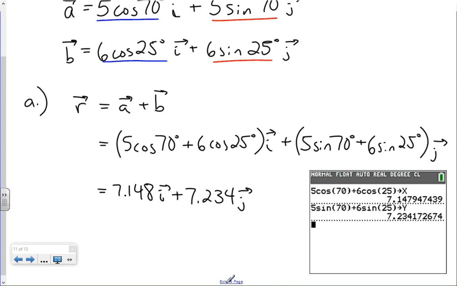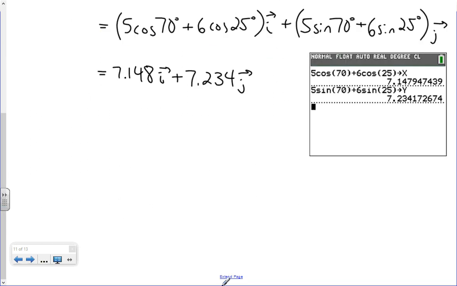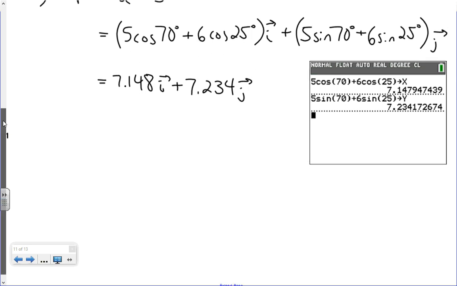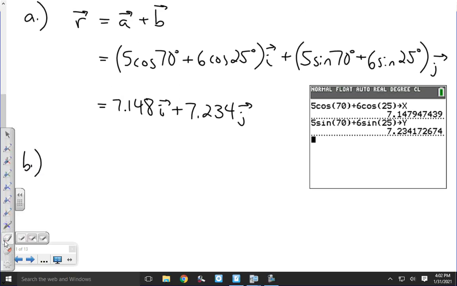Now for part B, they want us to find the magnitude and direction of this vector. Well, that was the second part of that previous slide where we defined these component forms. Once I have this vector here, I can find its magnitude pretty straightforwardly.